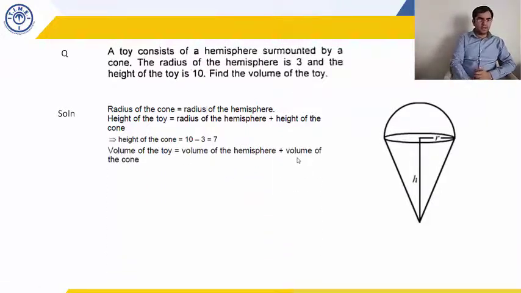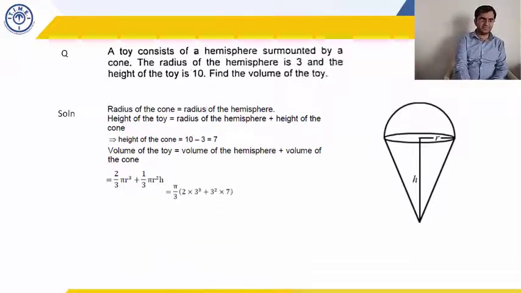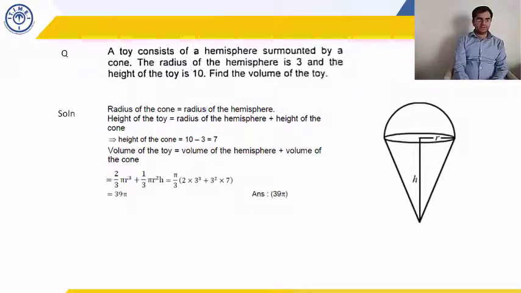So volume of the toy is volume of hemisphere plus volume of the cone. So 2 by 3 pi r cube plus 1 by 3 pi r square h, where r is 3 and h is 7. And we solve this, simplified to get the answer as 39 pi.